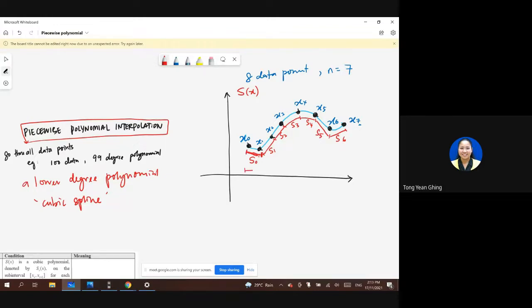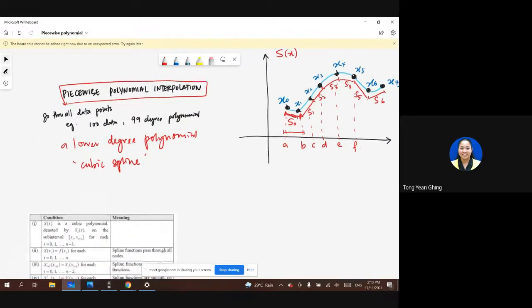That means here S0 is from, let's say, A until B. And let's say this one is C and this one is D, and so on. So I will break it down like this. That is the theory behind it.